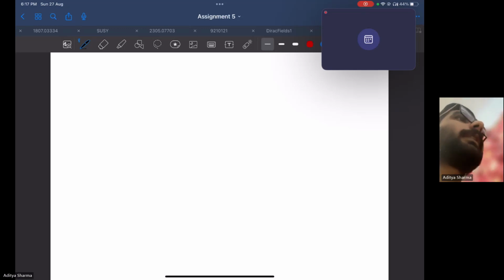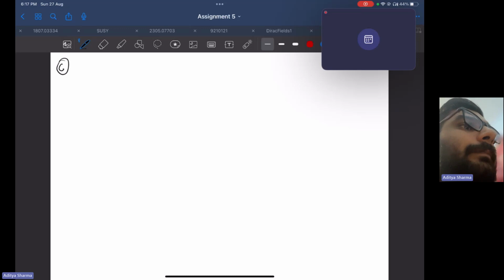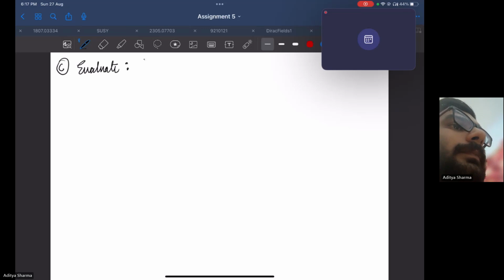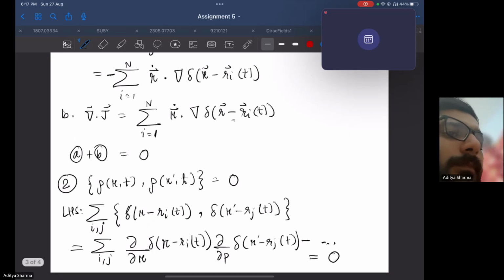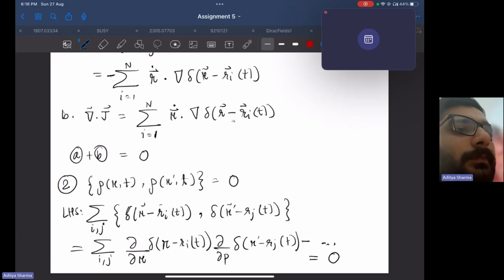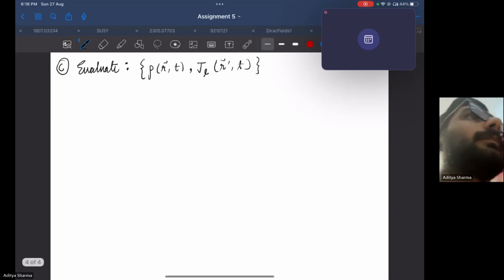Now we calculate the Poisson bracket between these, evaluating it.